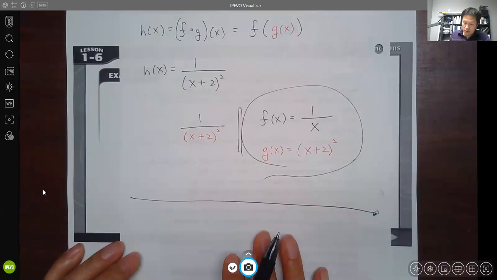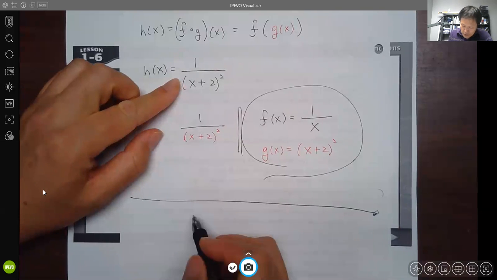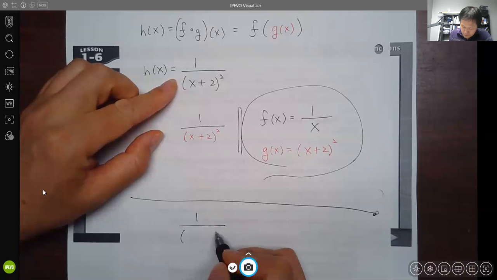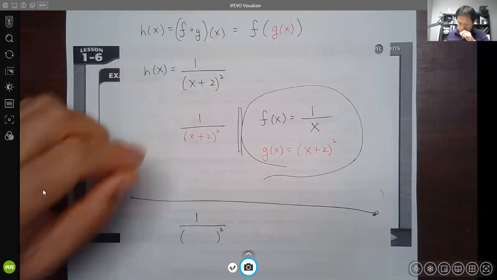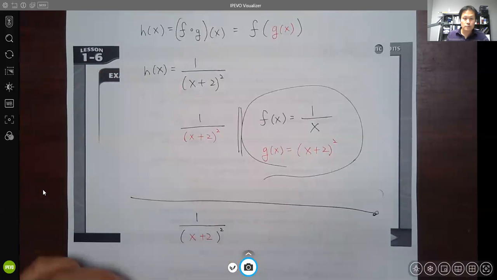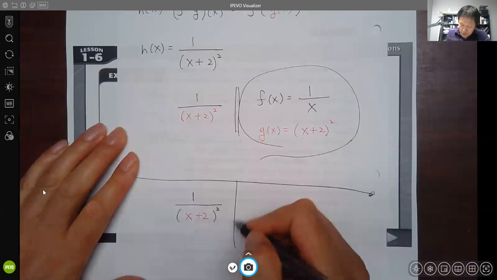But I'm just saying you could decompose in a different way. I can look at that function as following. 1 over, I can look at that as like this. Then you're decomposing as the following.